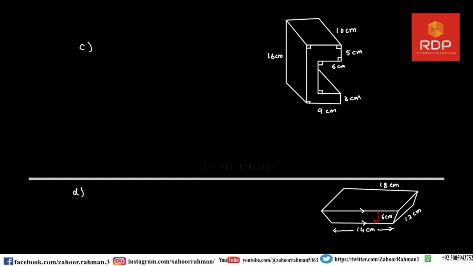Now we are going to solve another question, and that is the C part. Here first I am writing volume of the prism. In today's lecture, we are only dealing with the volume. In tomorrow's lecture, we will be dealing with the surface area as well. So concentrate only on the volume.